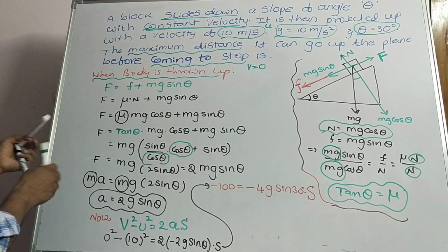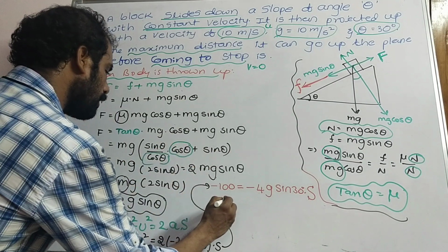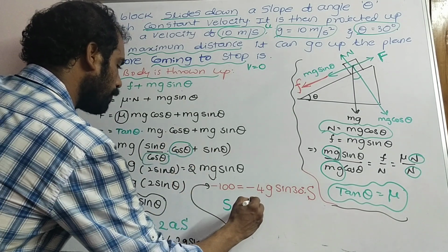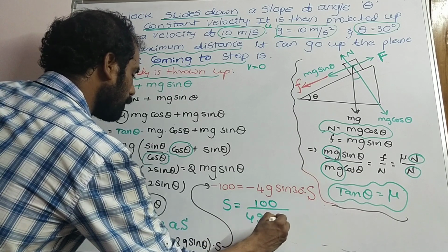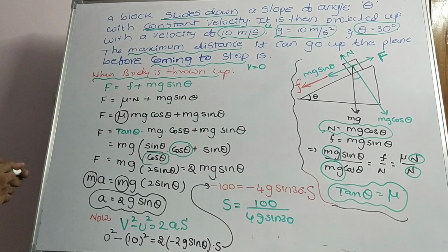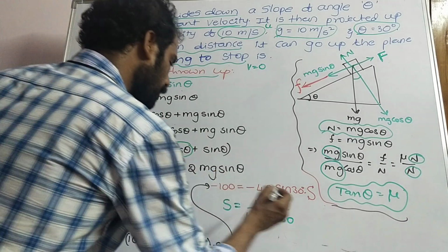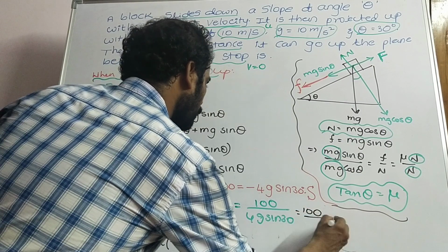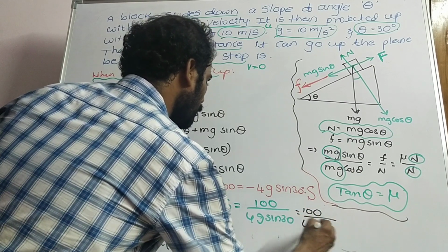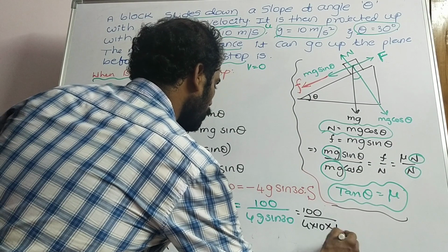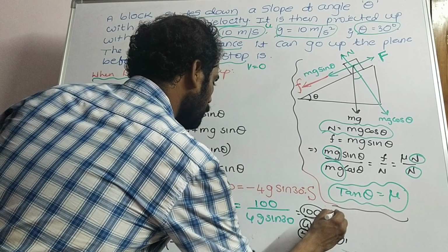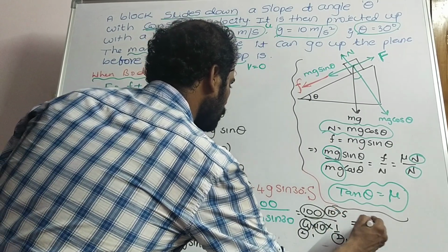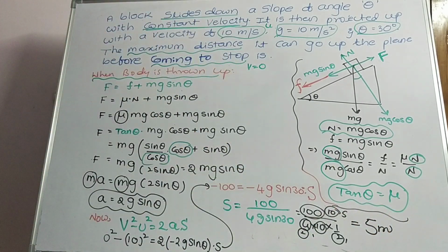Now s is equal to 100 by 4g sin 30, that is equal to 100 by 4 into 10 into sin 30, whose value is 1 by 2. 2 ones are 2, 2 tens are 20, 2 fives are 10. Final answer is 5 meters.